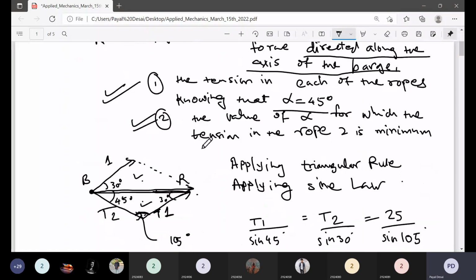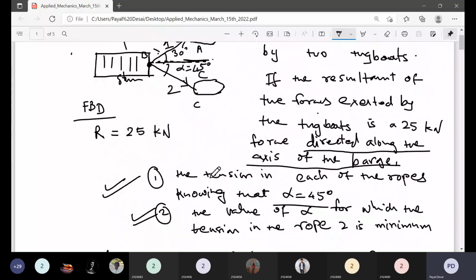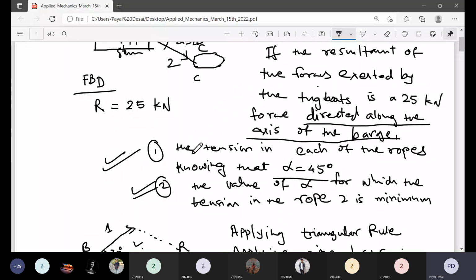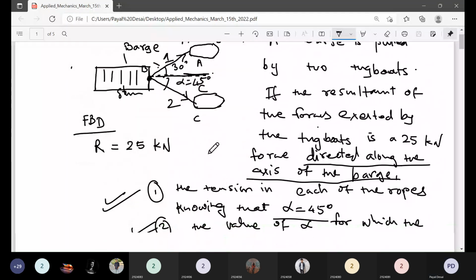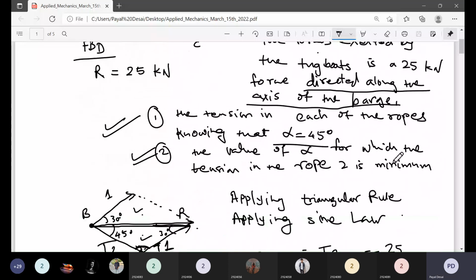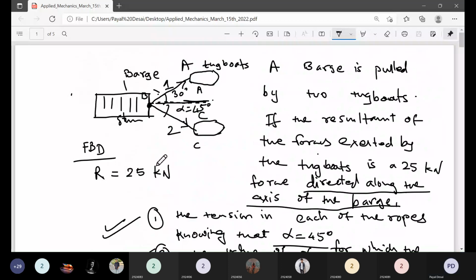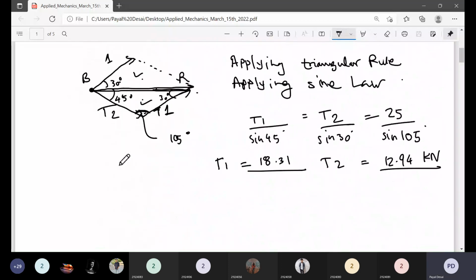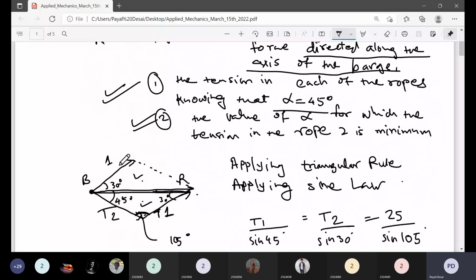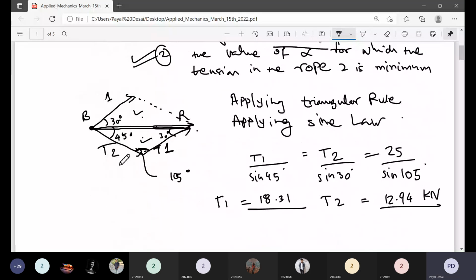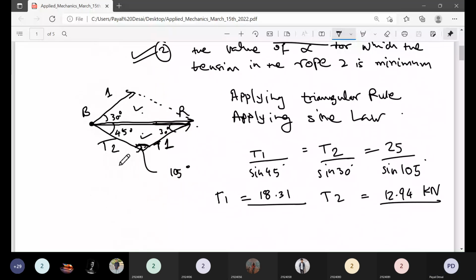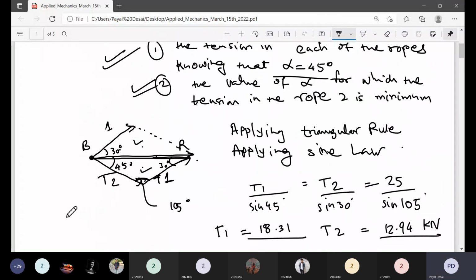Okay, now focusing on the second part, the value of alpha. In the first case the value of alpha is given, that is 45 degrees. But in the second case, we need the value of alpha for which the tension in rope 2 is minimum. So alpha is unknown to us. Again we try to focus.